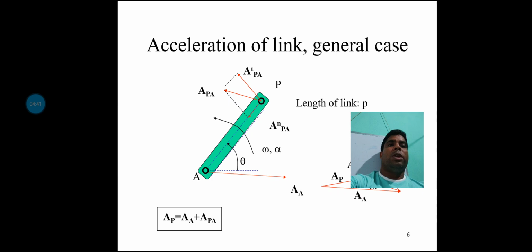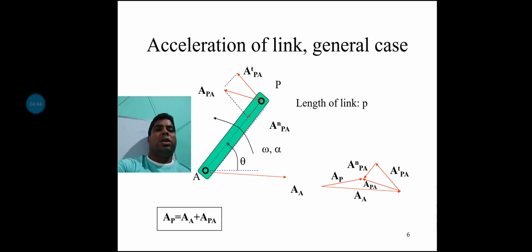Acceleration of a link in general cases: a similar method and similar figure apply. Now if I split the figure with respect to the angular movement with omega, alpha and the normal angle equal to theta, then AP is equal to AA plus APA, that is, the acceleration of P with respect to A plus the acceleration of A, which also changes after t seconds over the time interval.